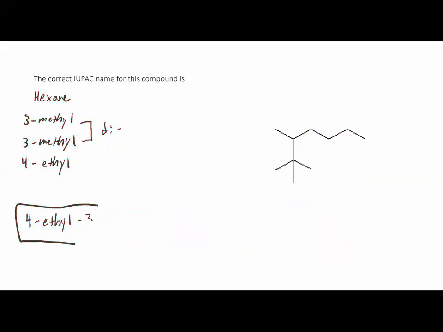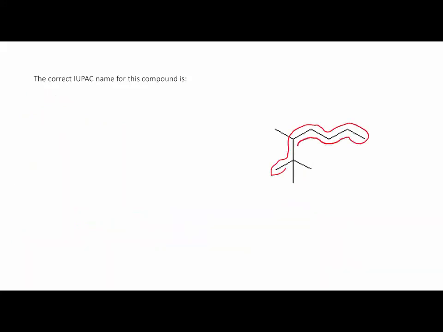The longest carbon chain is here. Now that you found the longest carbon chain, you name it. So you have 1, 2, 3, 4, 5, 6, 7 carbons. So that is heptane. And you have 3 substituents.